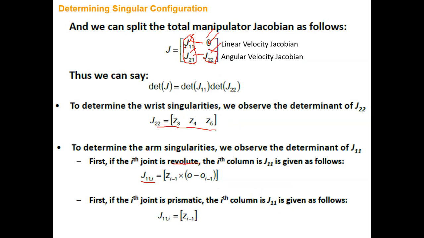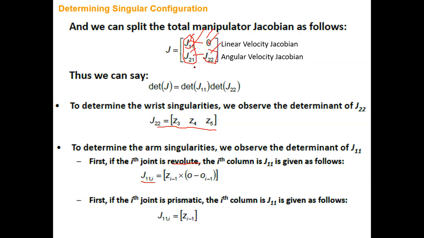Now I'm talking about J11, the linear part of the Jacobian for the arm. Since J11 has 3 columns, obviously it has 3 rows. The row count is always fixed: for J11 it is always 3, and for J21 the row count is 3 too, because we know the Jacobian is 6 by n.